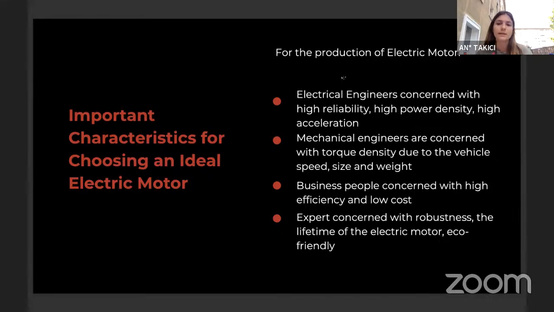Mechanical engineers give importance to the motor's torque density because they are looking at the vehicle's speed, size, and weight. Business people are concerned with high efficiency and low cost, because making production at low cost is very important. And experts are concerned with robustness, the lifetime of the electric motor, and eco-friendly features.